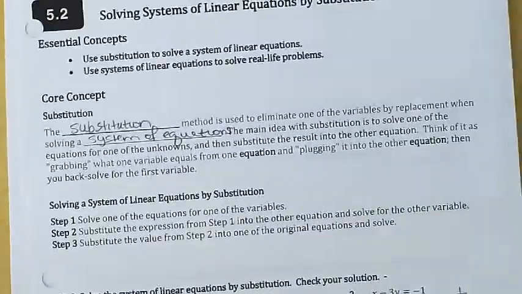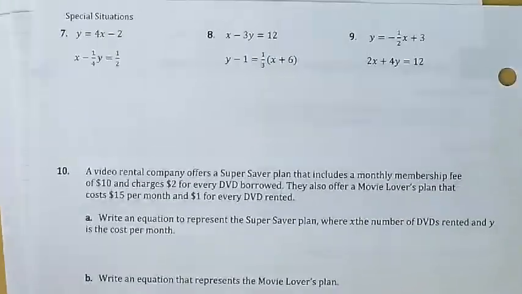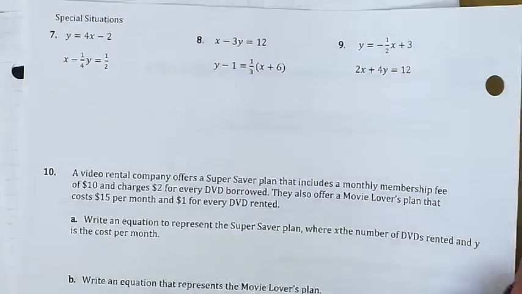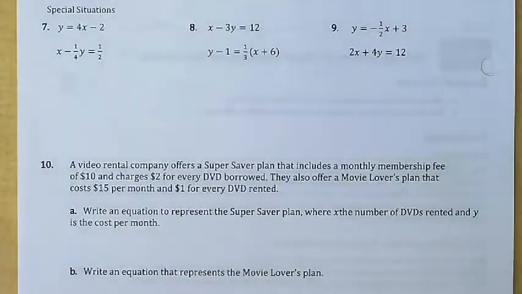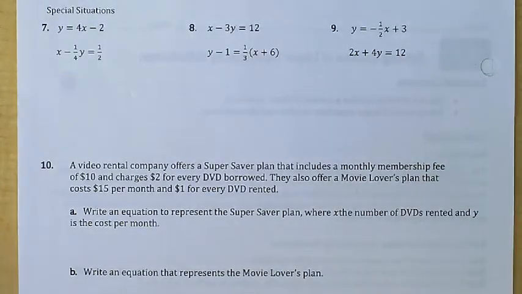What we're going to extend on that topic today is to see how some of these special cases or special situations appear, or what they look like, when they come up in the process of substitution. So we'll work on that, and we'll also practice setting up some word problem types of systems and solve those with substitution as well. So let's get started. Special situations.